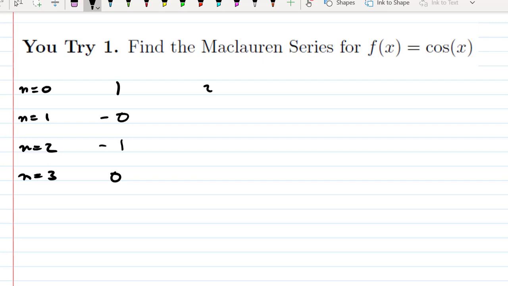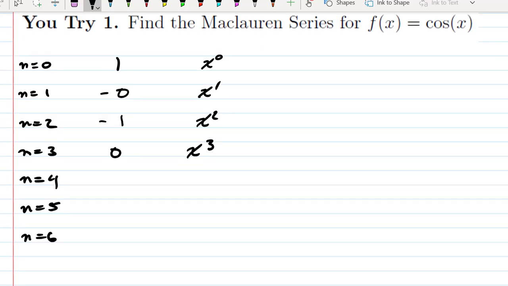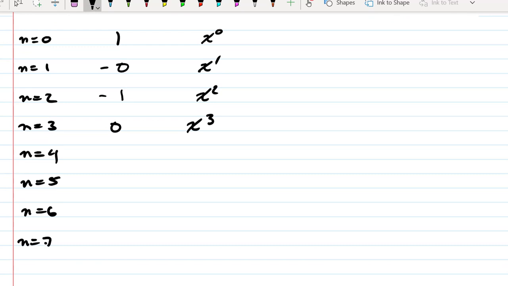So this is going to be x to the 0, x to the 1, x squared, x cubed, and then for 4, 5, 6, and 7, we're going to get the same pattern. We're going to have 1, 0, negative 1, 0, and then x to the 4th, x to the 5th, x to the 6th, and x to the 7th.